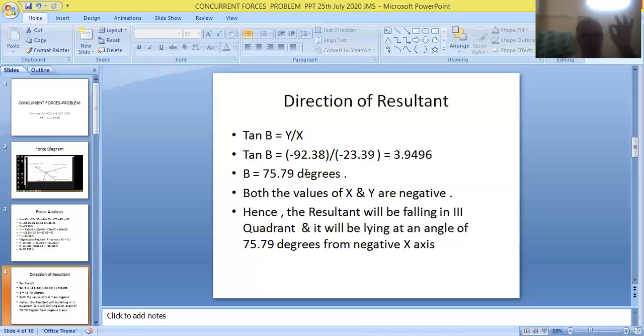That is called the magnitude of resultant. And this theta is used for representing the direction of resultant.